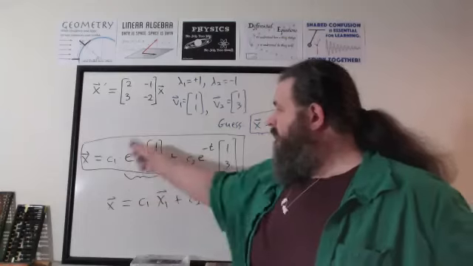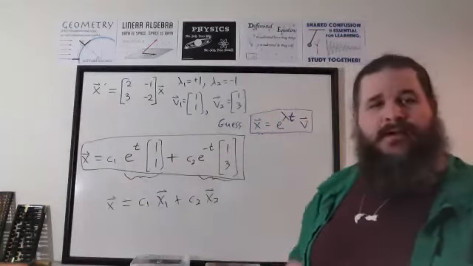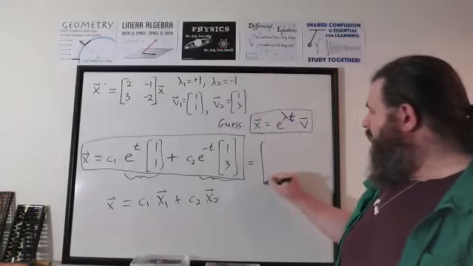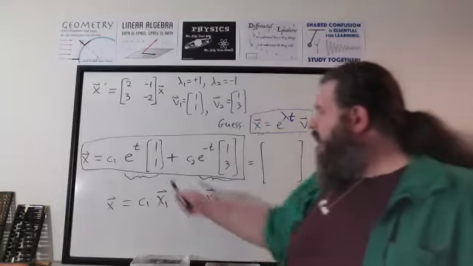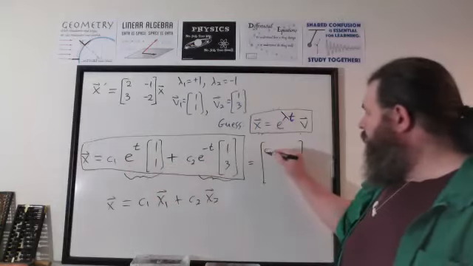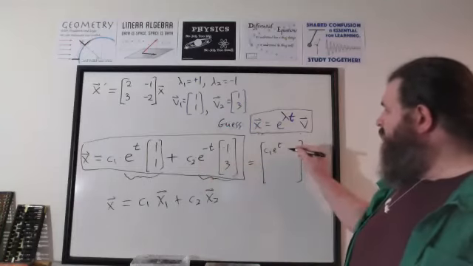C1 times a vector function we're going to call x1 plus C2 times a vector function we're going to call x2. You could also even combine them into just one big vector. If you look at just the top component, we've got C1 e to the t times 1 plus C2 e to the negative t times 1.